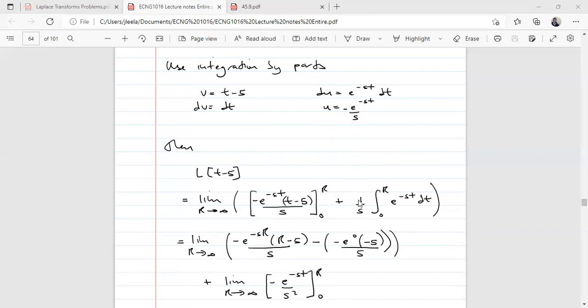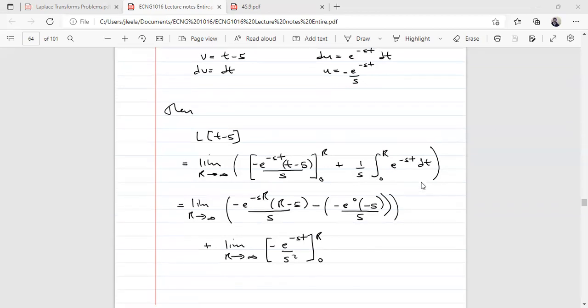So you could pull out the 1 over s on the outside here, and then you take the limit of the integral between r and 0 of e to the minus st dt.